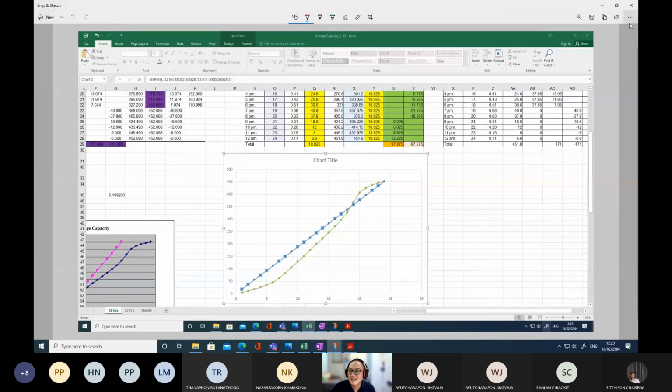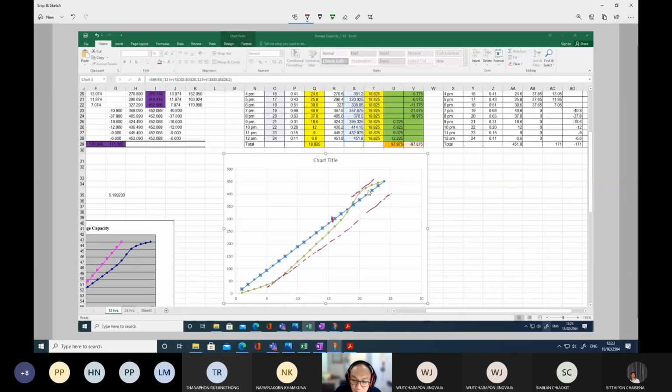Okay, so I will just establish the tangent line, which is parallel to the average pumping. And then this line should actually touch the water demand somewhere. So suppose it is something like this. Then what is the storage volume?